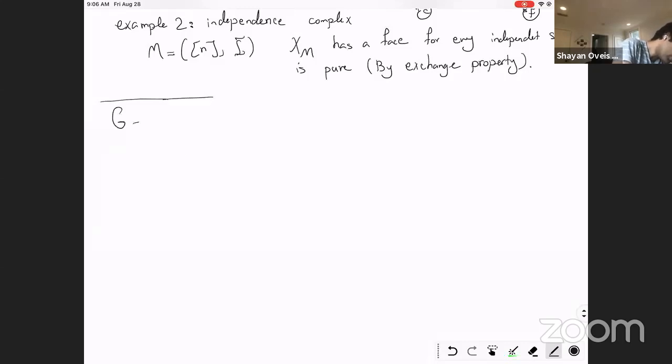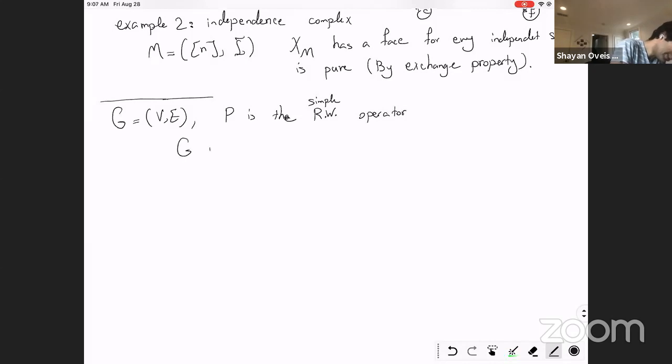If you have a graph G equal V comma E, and let's say P is the random walk, a simple random walk matrix on G, simple random walk operator.